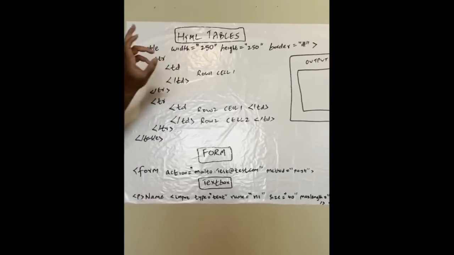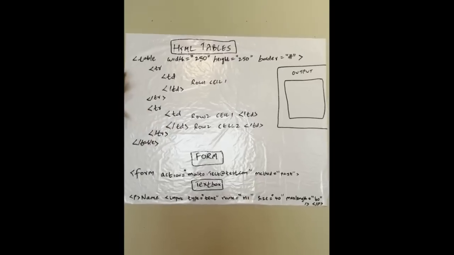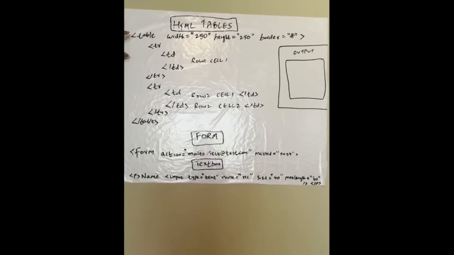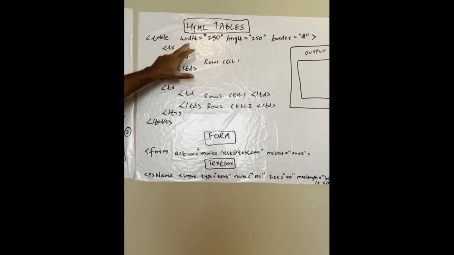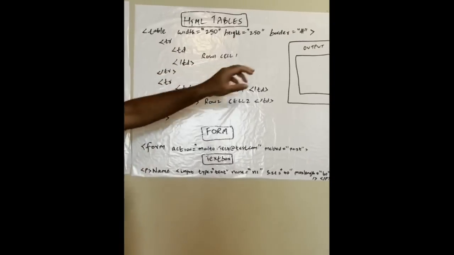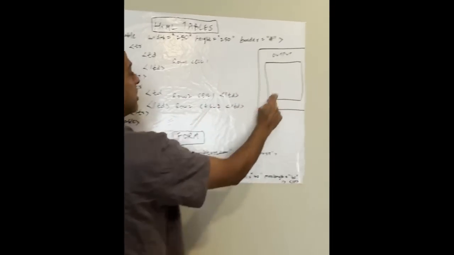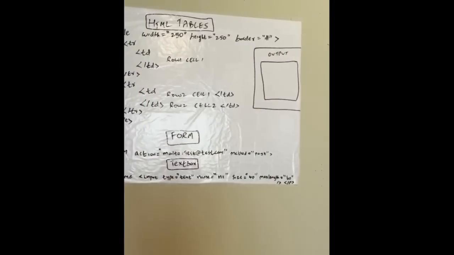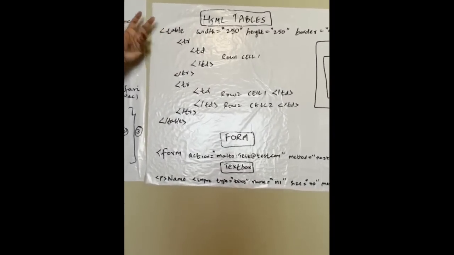There will be a lot of HTML tables displayed on the screen for different purposes in the project. This is the basic table element. So we define table/table in the document. And then we say width is 250, height is 250, border. Border, you can put some colors, the table border. Border means this border. You can change the color. And TR means row. So rows and columns. A table consists of rows, columns.